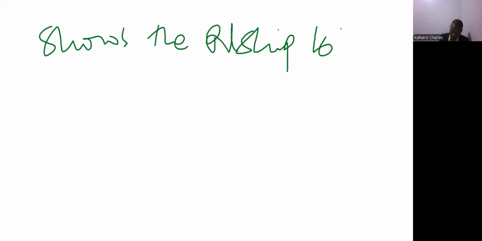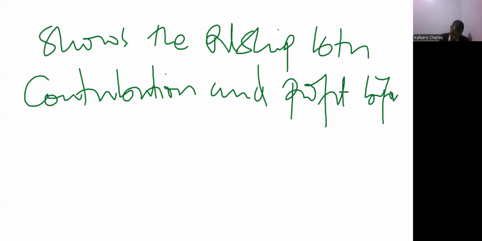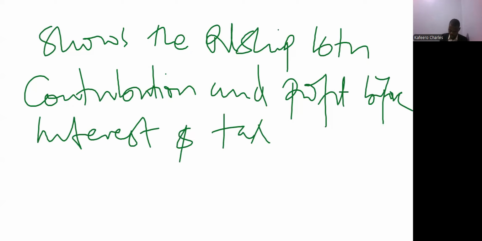Operational gearing shows the relationship between contribution and profit before interest and tax.